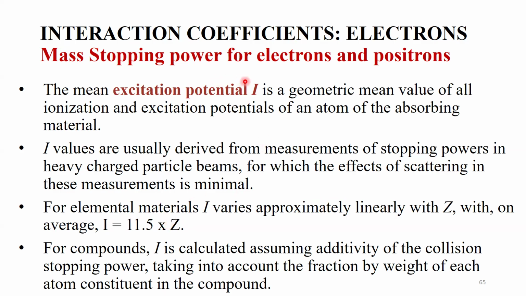So this parameter I, the mean excitation potential, is important to understand how these electrons and positrons interact with different materials, especially in fields like radiation therapy and particle detectors.